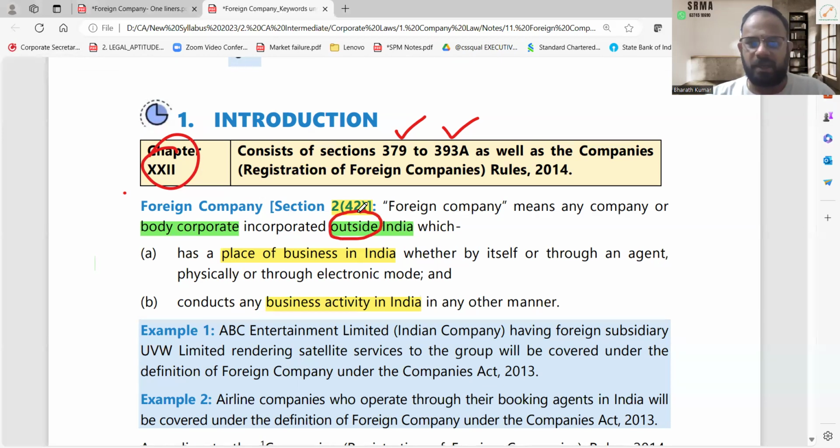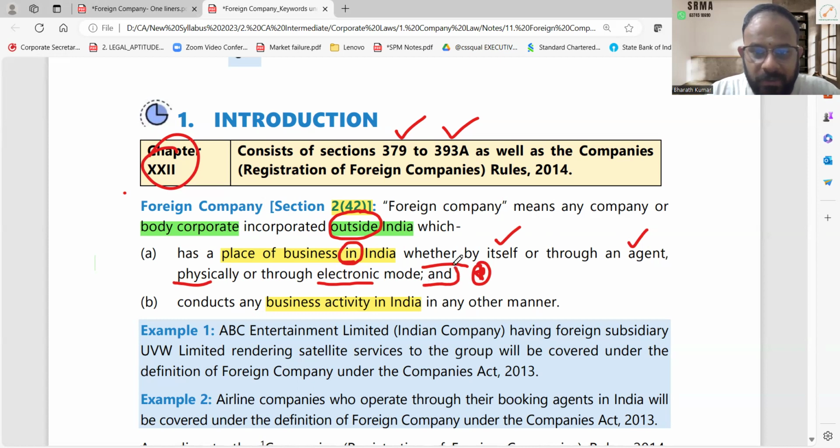That means not in India, but then if it is outside India, why will I bother about this? But the place of business in India. It can be by itself or through agent or physically or electronic. This electronic only we told what it is important. You remember? So only that one-liners basic definitions I covered.